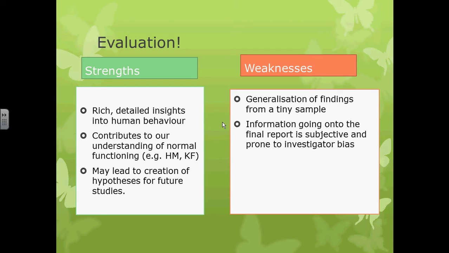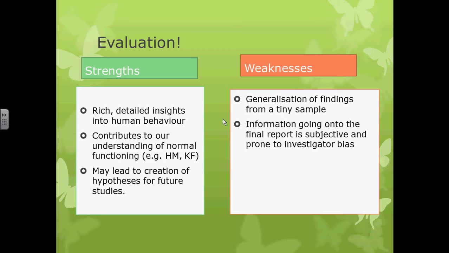Information going on to the final report is subjective and prone to investigator bias. This is because you've got one investigator carrying out this case study, they get to choose what goes in, so they can miss out things that don't fit whatever theory they're investigating or whatever their finding is.